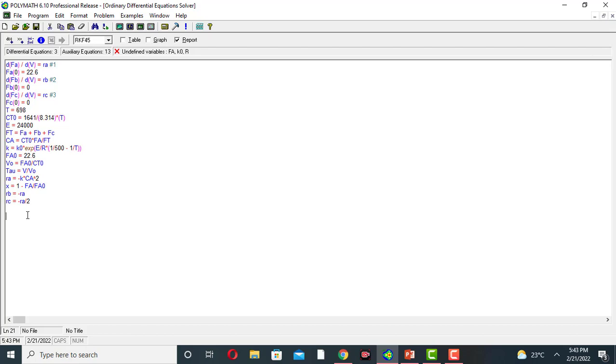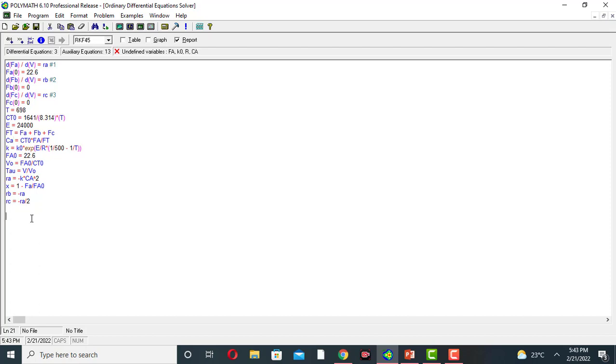The FA value here is small FA, and C is also small c, small ca.